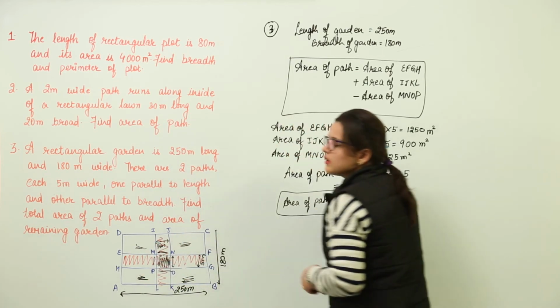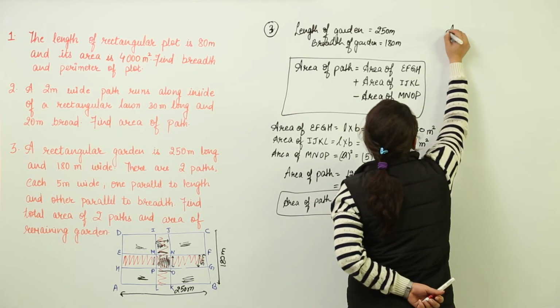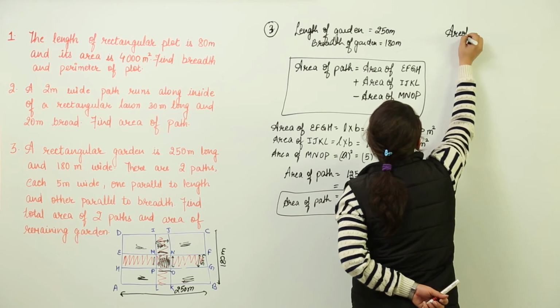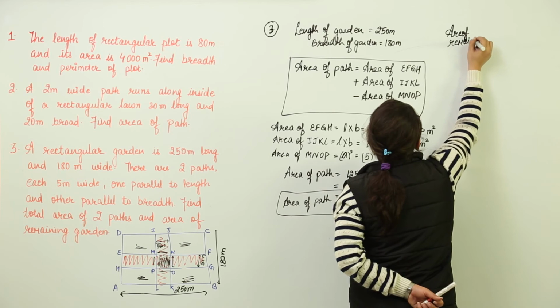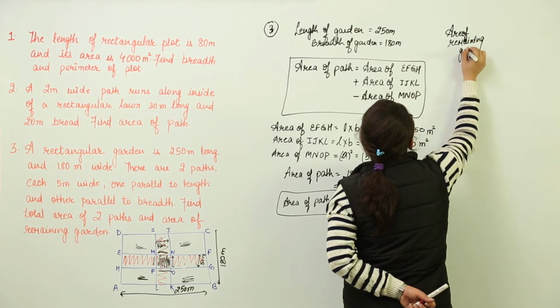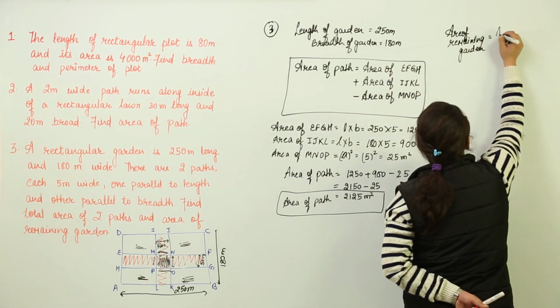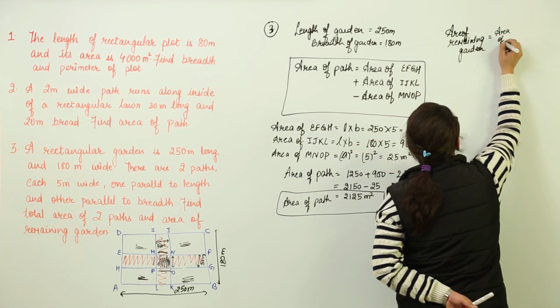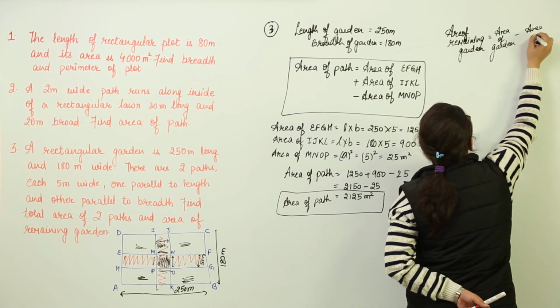So that is to be done for calculation of remaining garden. The area of remaining garden would be equal to the area of garden minus the area of path.